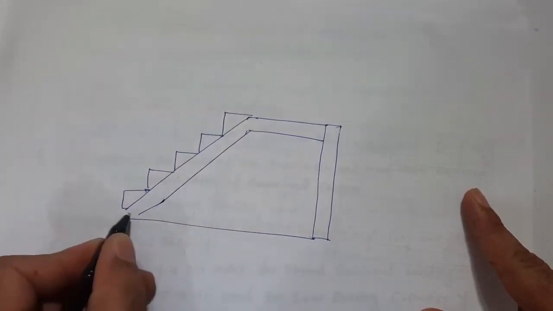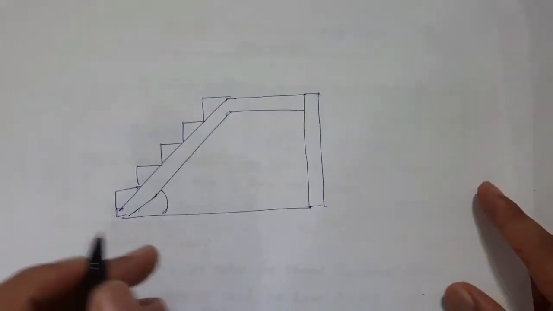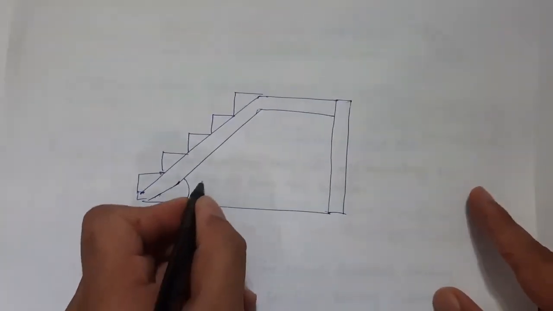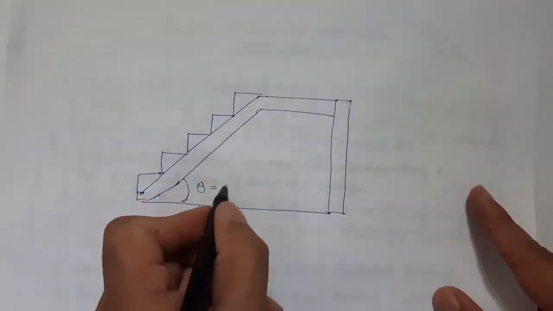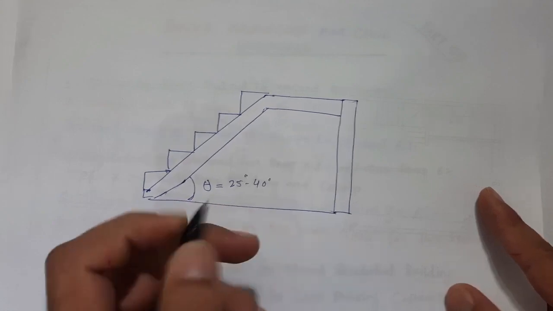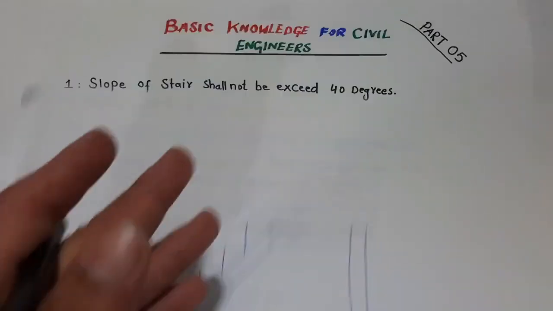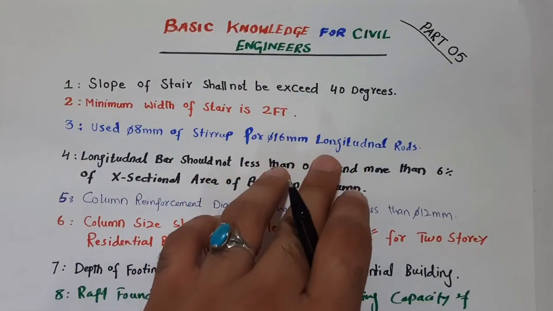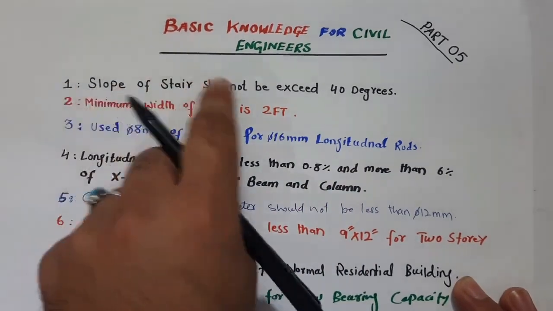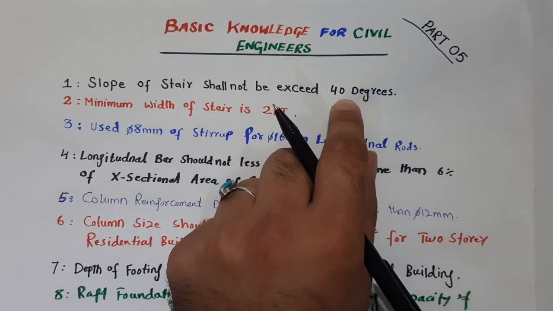So this angle, as you can see, should not exceed 40 degrees. It should be between 25 to 40 degrees. Otherwise you cannot use this kind of staircase, especially for residential buildings, hospitals, etc. So the slope of stair shall not exceed 40 degrees. It should be between 25 to 40 degrees.